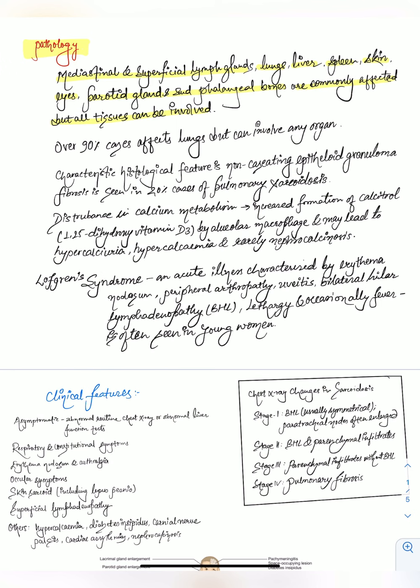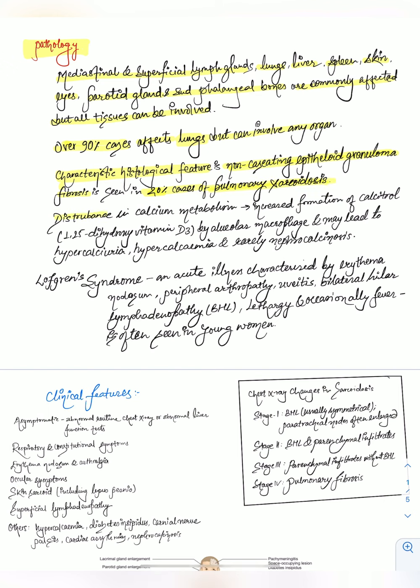In about 90% of cases it affects the lungs, but it can involve any organ. The characteristic histological feature of sarcoidosis is non-caseating epithelioid granuloma. Then fibrosis is seen in about 20% of cases of pulmonary sarcoidosis.